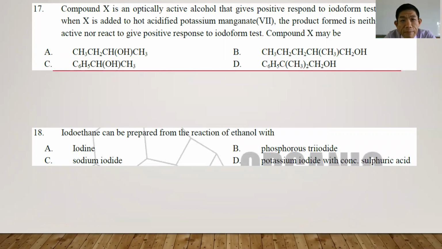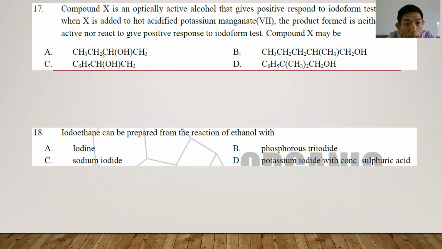Compound X is an optically active alcohol that gives a positive response to the iodine test. So let's have a look from the first statement, which one is already out from our choice. A is correct, because it's optically active and gives a positive iodoform test due to the methyl alcohol group. As for B, it is incorrect, because it does have an optical carbon atom, however it does not give a positive iodoform test.